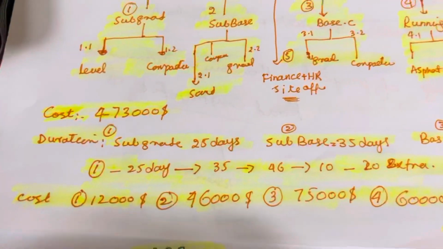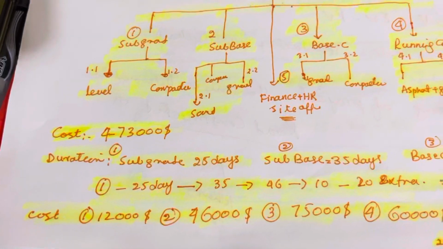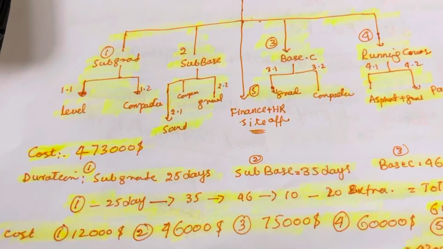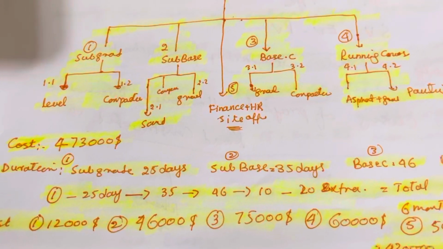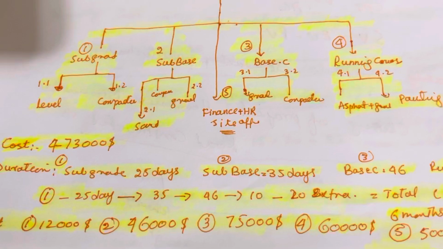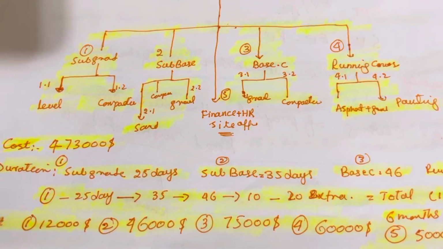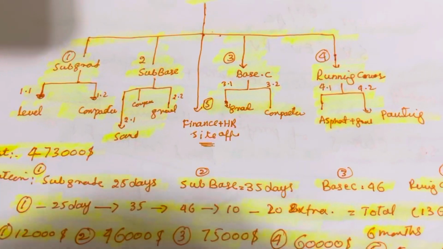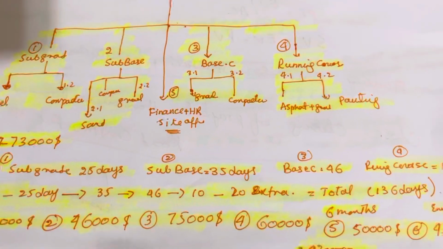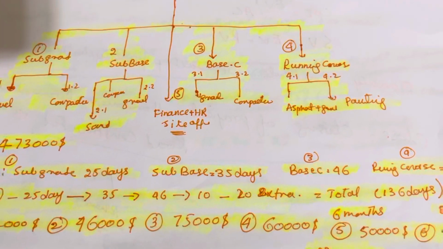So this is our schedule, and what will be the cost? When I calculated the cost, the subgrade will cost $12,000. The sub base will cost 46,000. The base course will cost 75,000, and the running course plus painting will cost 60,000.